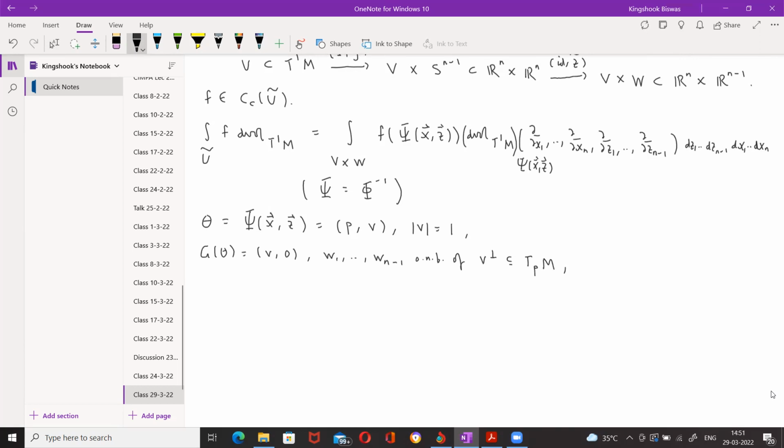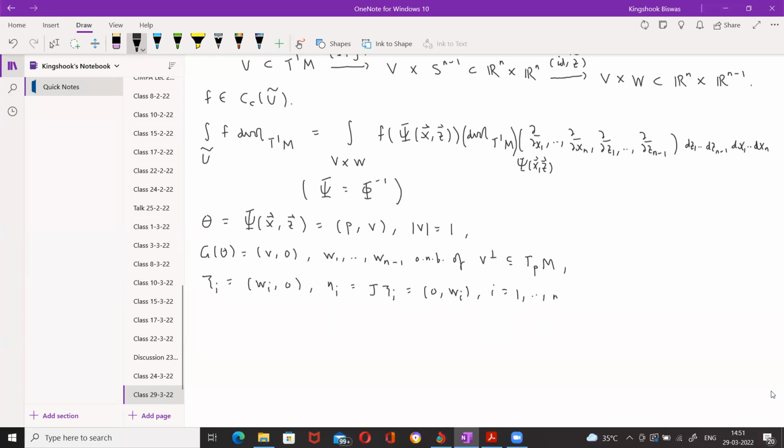And I put xi_i equal to (Wi, 0), and I put eta_i equal to J of xi_i, which is (0, Wi). I goes from 1 to n-1.